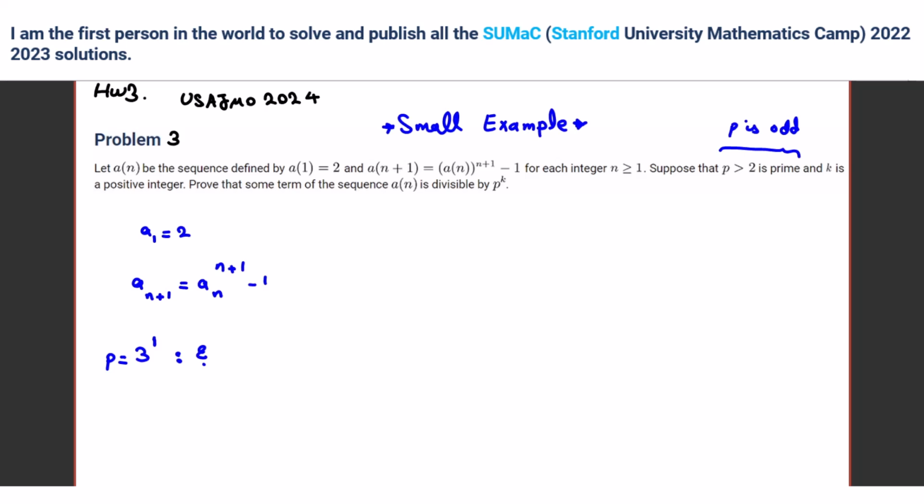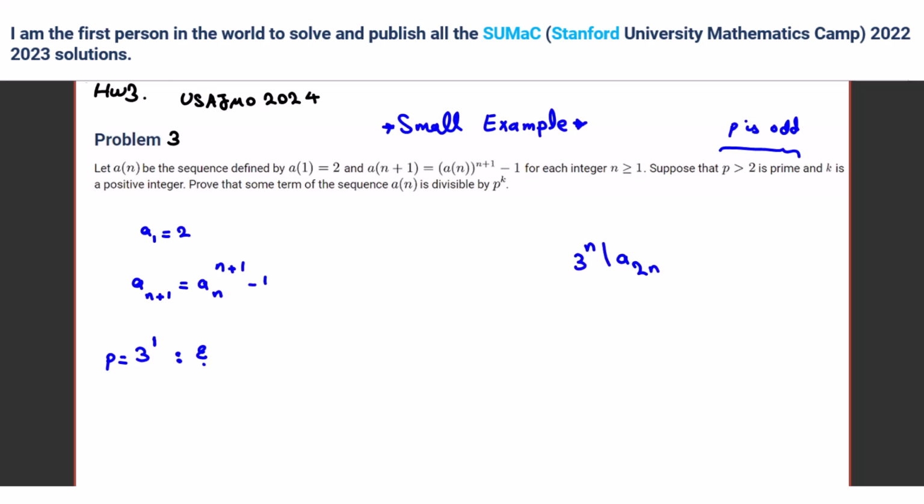You prove 3 to the n divides a of 2n? Yes. Can you explain? Because we first have a of 2 equals 0 mod 3.